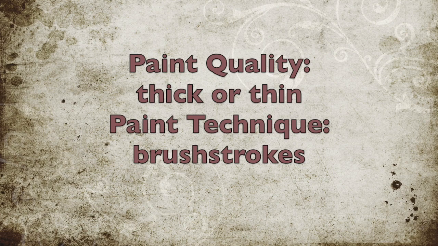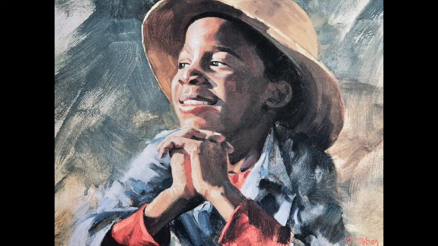Paint technique has to do with how the artist puts paint on the canvas. In this case, we're talking about brushwork. Does the artist make powerful, bold strokes or timid little careful strokes? We're going to come back to this painting shortly, but for now, I just want you to notice the bold brush strokes in the background compared to the more careful brush strokes of his face.